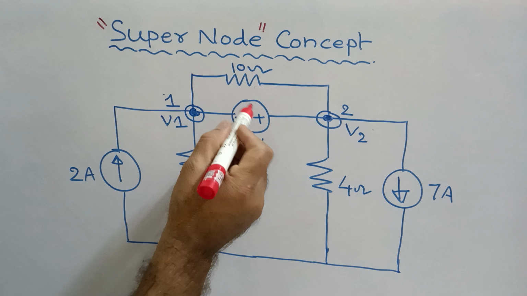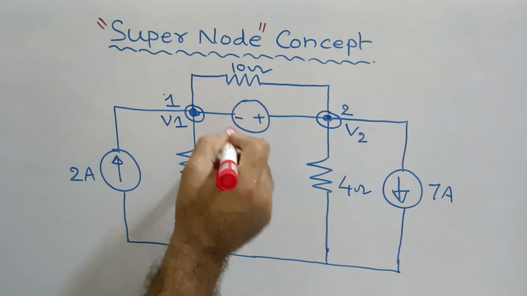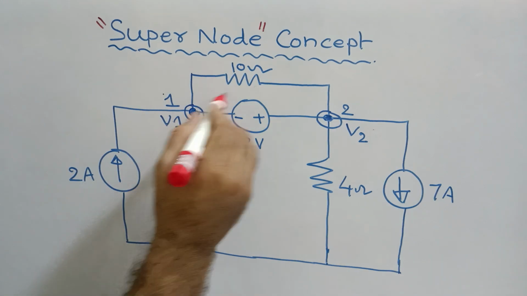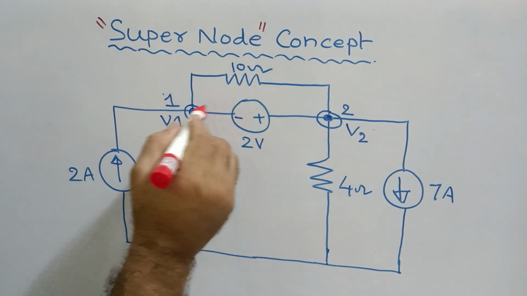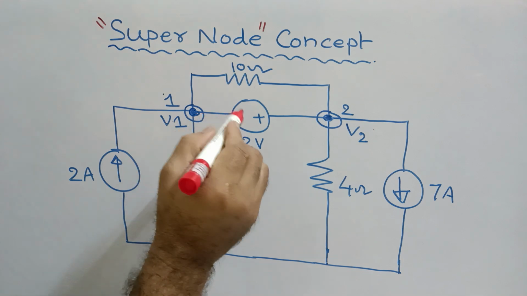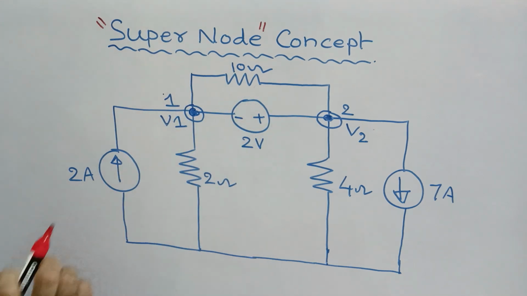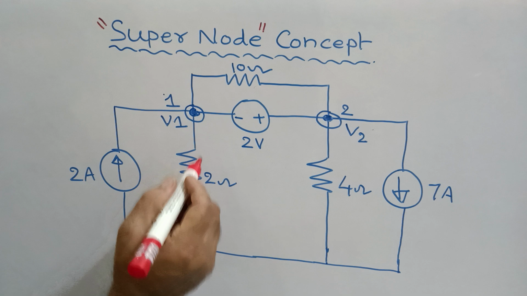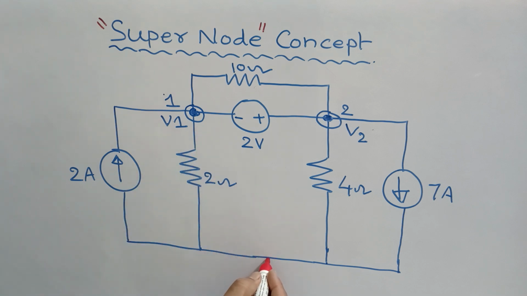Suppose there is a voltage source available as a common between two nodes, then those particular nodes can be treated as a supernode.